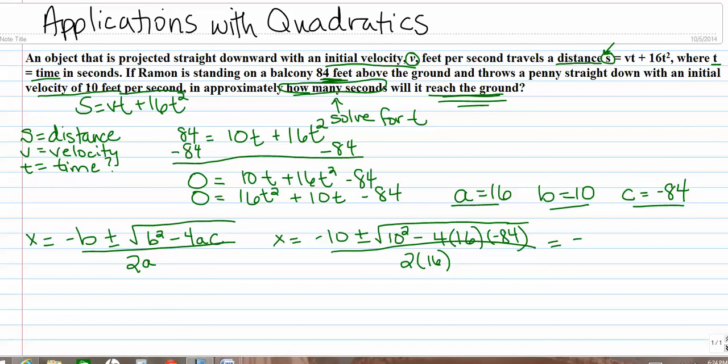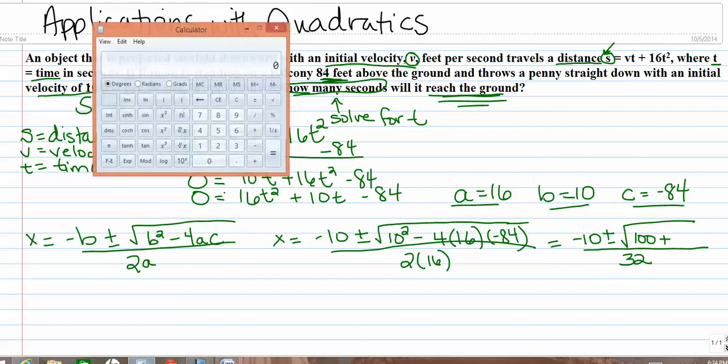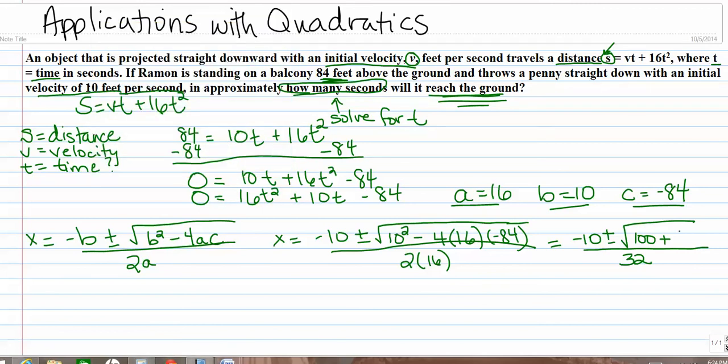So negative 10 plus or minus 10 squared is 100. 2 times 16 is 32. This middle part I don't know off the top of my head, but I do know that when I do a negative times a negative, I'm going to get a positive. And I will pull up the calculator to do 4 times 16 times 84, and I get 5376.